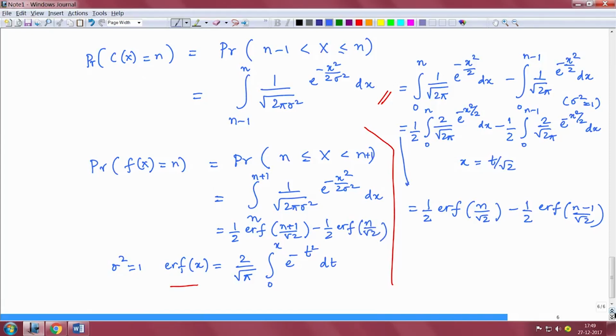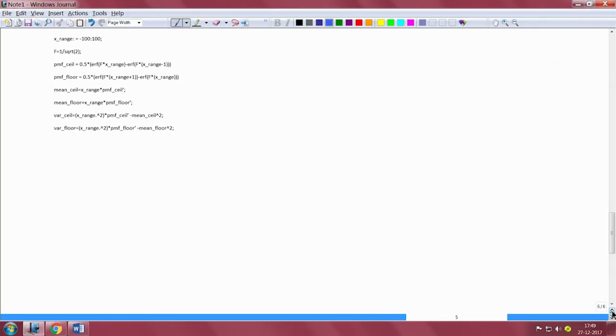So we have a MATLAB code here which does the job, and we can select a range from minus 100 to 100, with a factor of 1 by root 2. This code can be used to compute the variance, and this can simplify the expressions. Thank you.